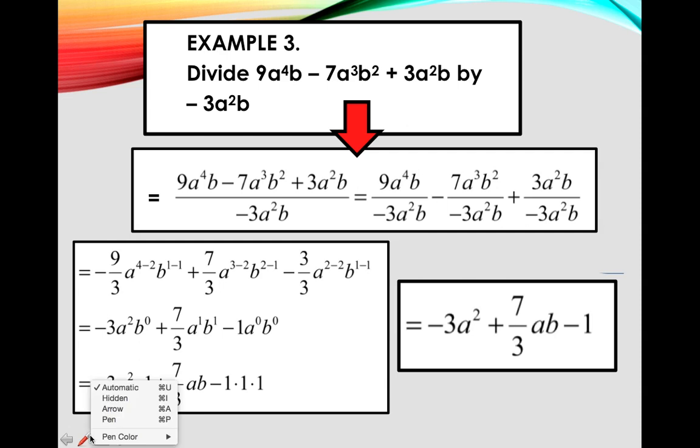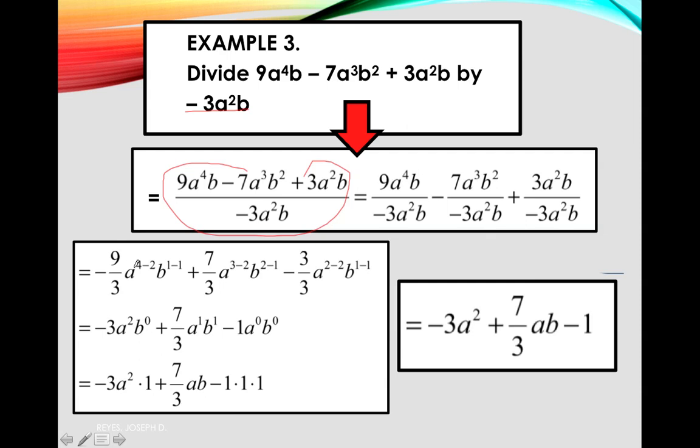So, for this particular example, we have 9a raised to 4 b minus 7a cubed b squared plus 3a squared b by negative 3a squared b. So, first, isusulat natin siya ng ganito. Then, after that, i-distribute natin siya. Okay?